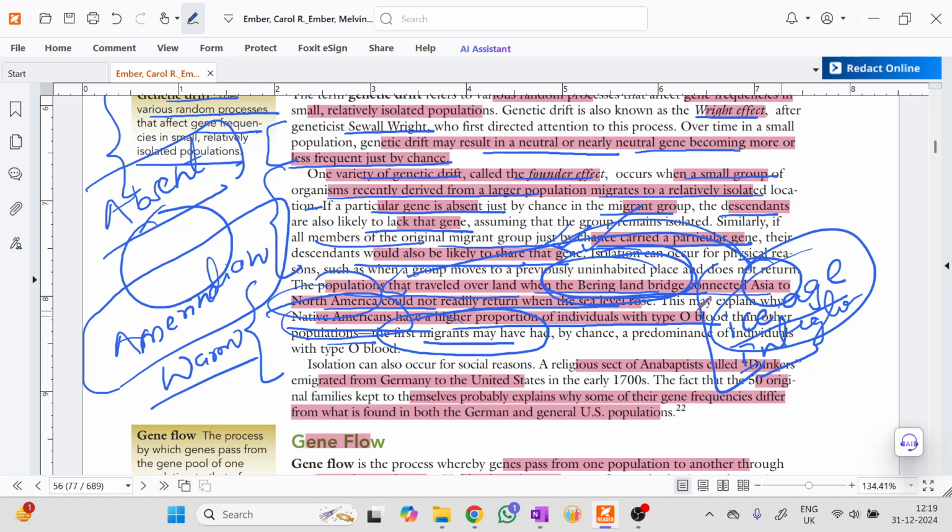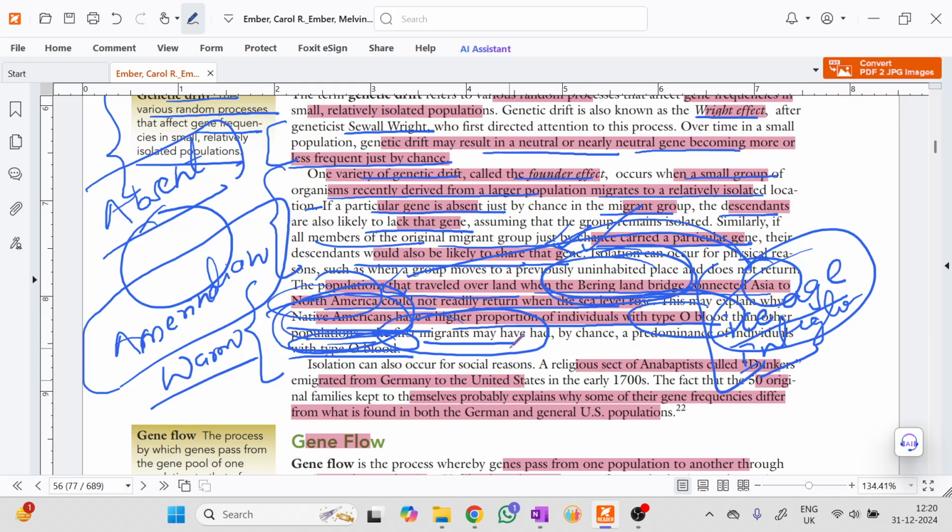So the Native American population stayed there in the American subcontinent, and because of genetic drift, without any intermixing and without any fresh supply of input from their parent population, they have inherited type O blood in a predominant way.